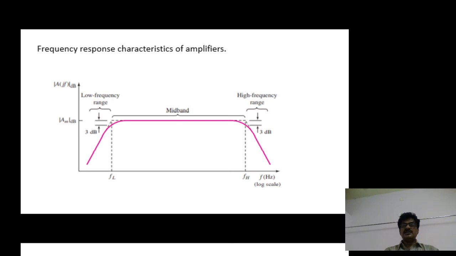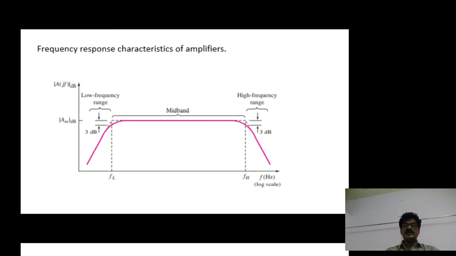So part of the signal is bypassed through the ground because of stray capacitance, and because of interelectrode capacitances, instead of reaching the transistor, the signal is bypassed and sent to the output. So that's why the gain will be reduced.